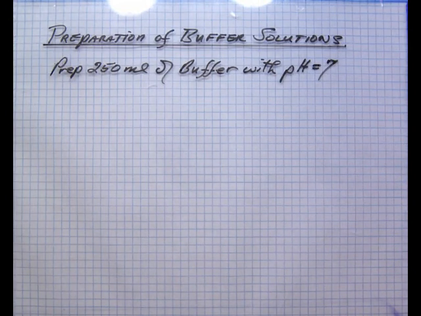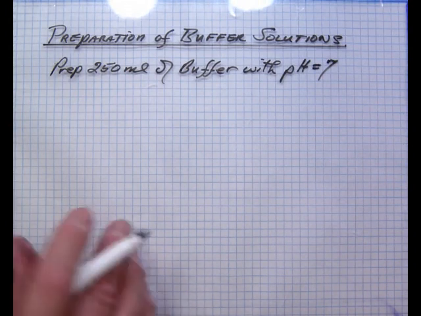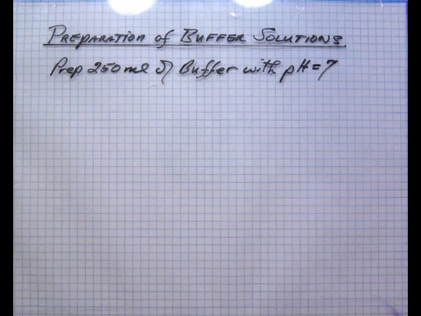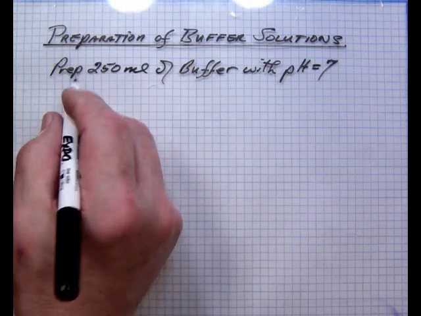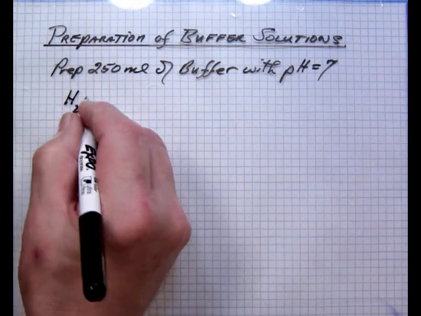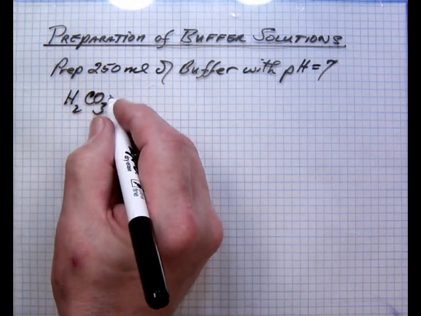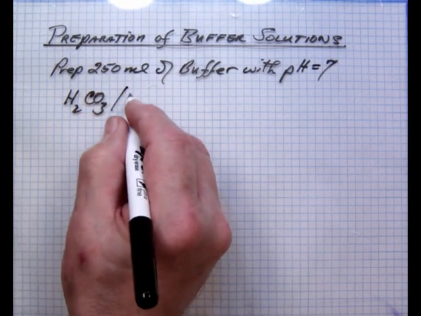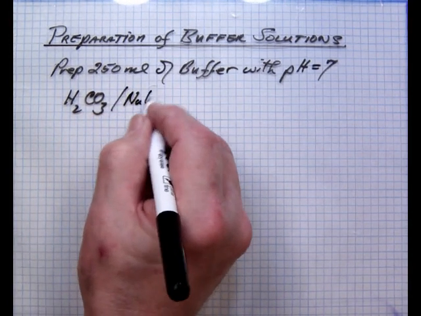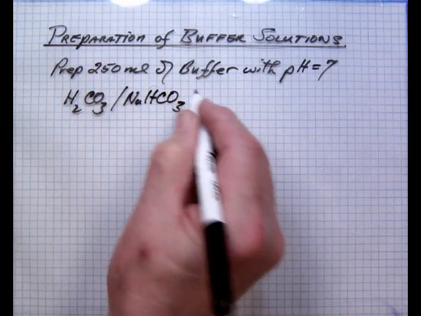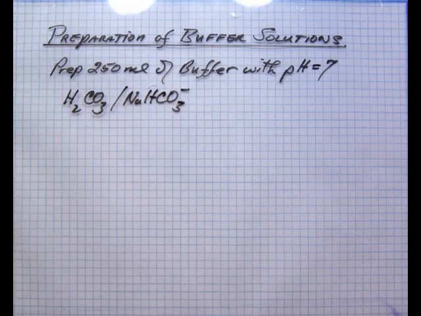Well, the first thing you need to do is find the components of your buffer solution, and we're going to make this one out of carbonic acid and bicarbonate, maybe a sodium HCO3 minus.